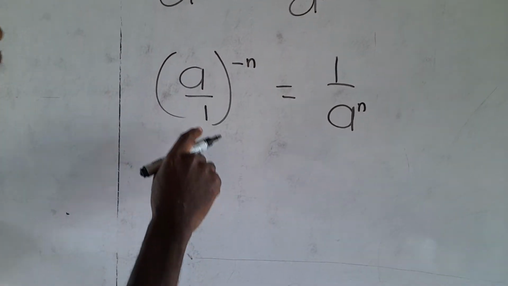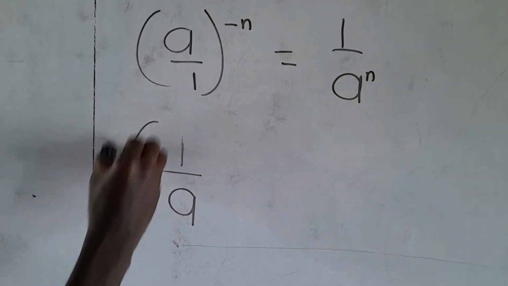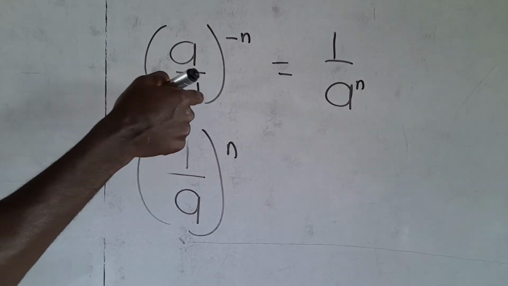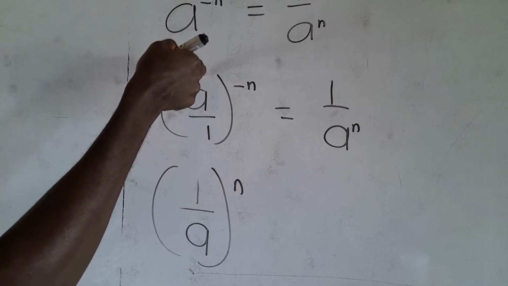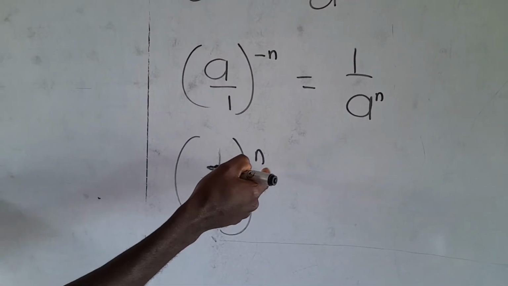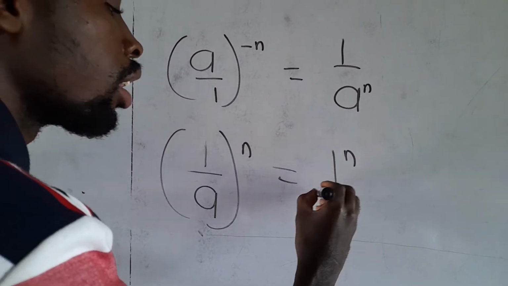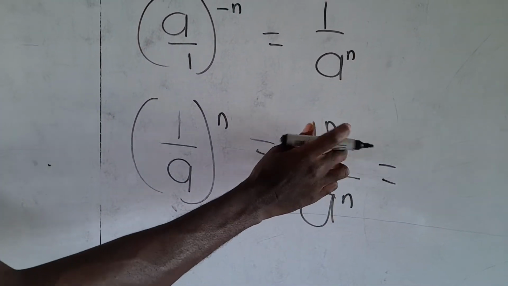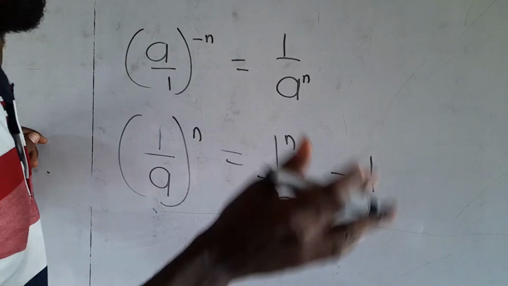What I'm trying to say is that we can rewrite this as 1 over a exponent n. The denominator became the numerator, and the numerator became the denominator. Then the exponent changes to n, positive, which is the same as 1 exponent n over a exponent n. 1 exponent n is 1. 1 exponent any number is 1.